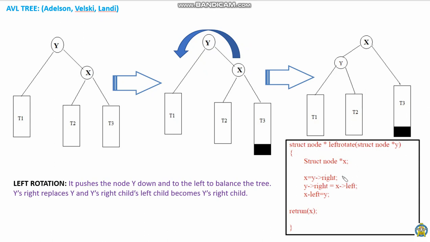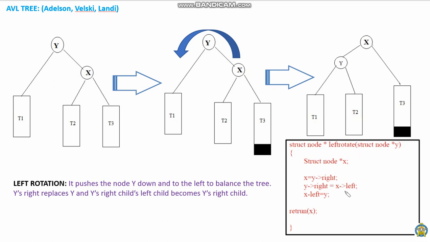So if you look at the algorithm that is given, suppose you pass the node y. x is a temporary node only, don't worry. When we look at the algorithm, this x is a temporary node which is defined. So I'm passing y.